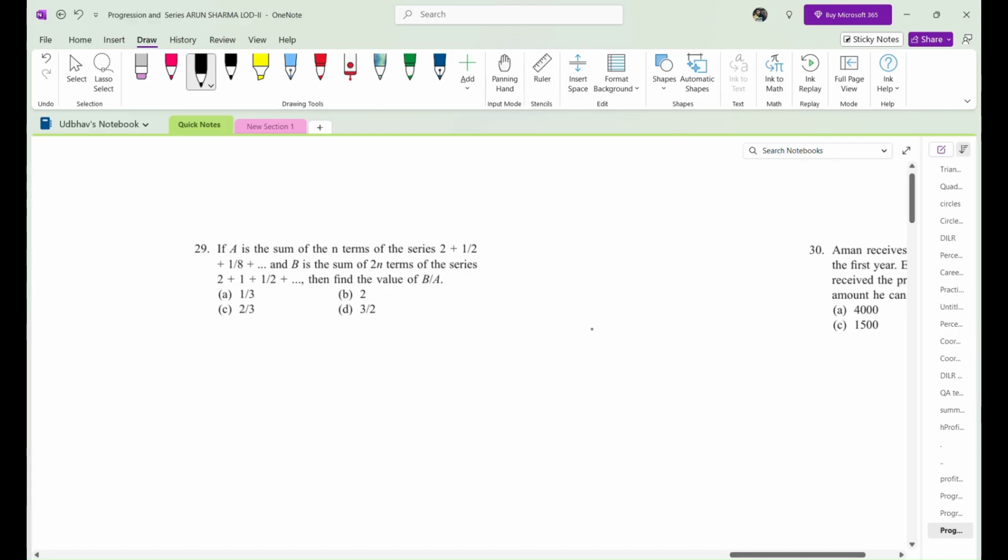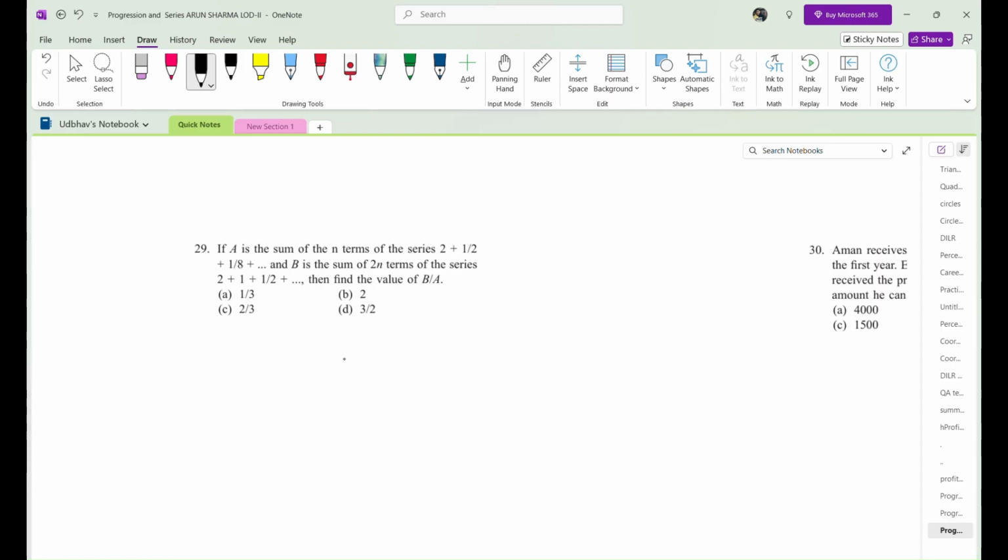If A is the sum of n terms of the series 2 plus half plus 1 by 8, and B is the sum of 2n terms of the series 2 plus 1 plus half, find the value of b by a.